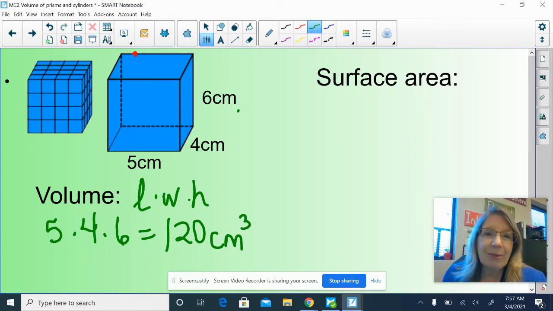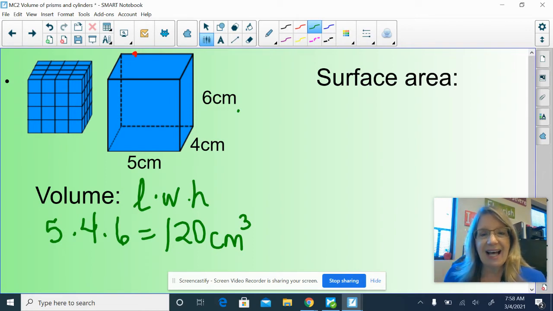And we always label it. Volume is labeled cubed because we're multiplying 3 dimensions. Surface area is always labeled square because we're only multiplying 2 dimensions at a time, but then we're adding them together. So here we go.